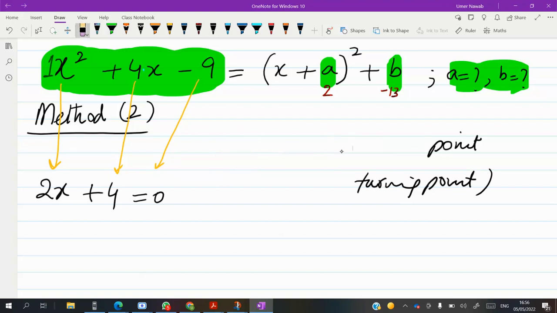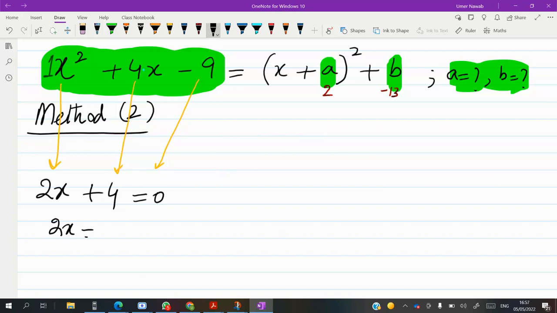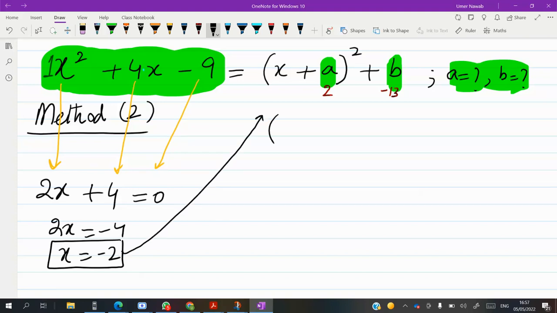This is the rule now. After getting the derived function, you put it equal to 0. So 2x is equal to minus 4 and x is equal to minus 2. When you convert it into the factor form by sending the minus 2 to the left hand side, it becomes x plus 2. Again, our answer is matching with the previous method.